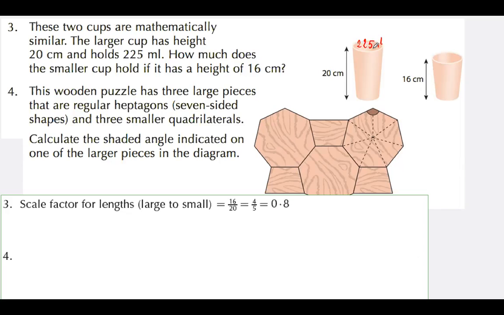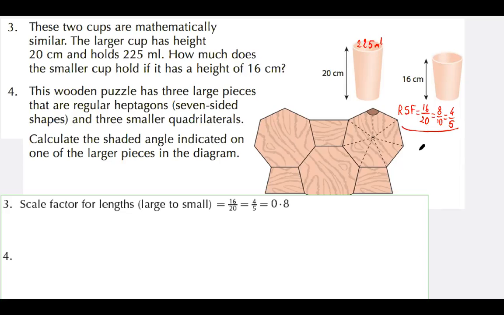So we're going from a big to a small. So we need to use what we call the reducing scaling factor. And we said that RSF is 16 divided by 20. So 8 divided by 10, I'm going to have them both, 4 divided by 5.